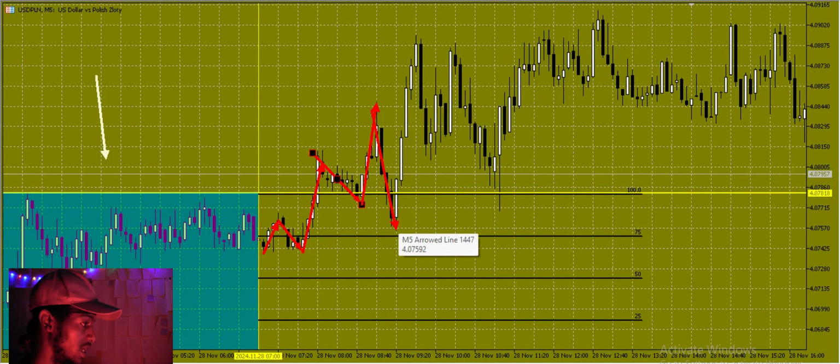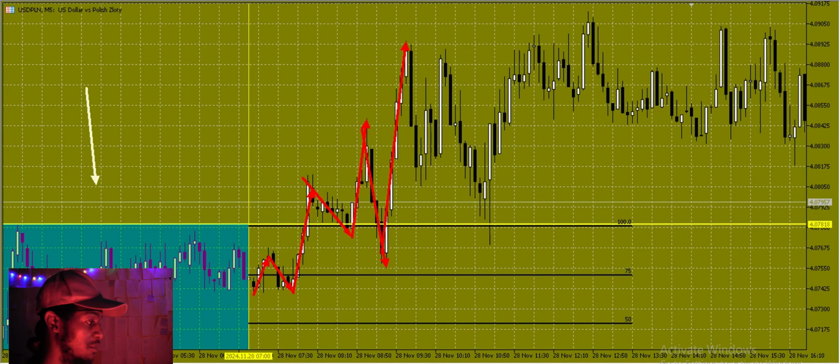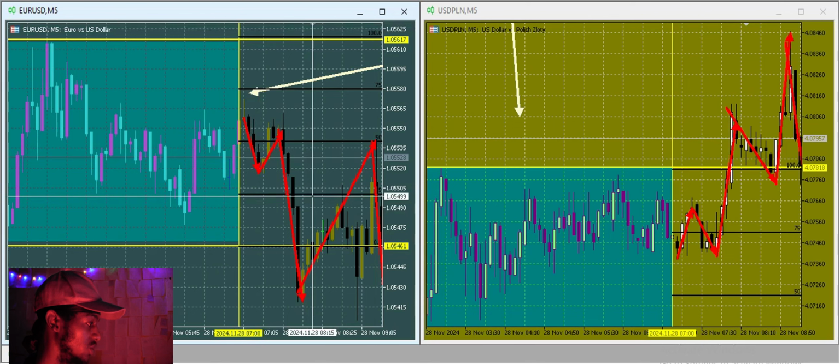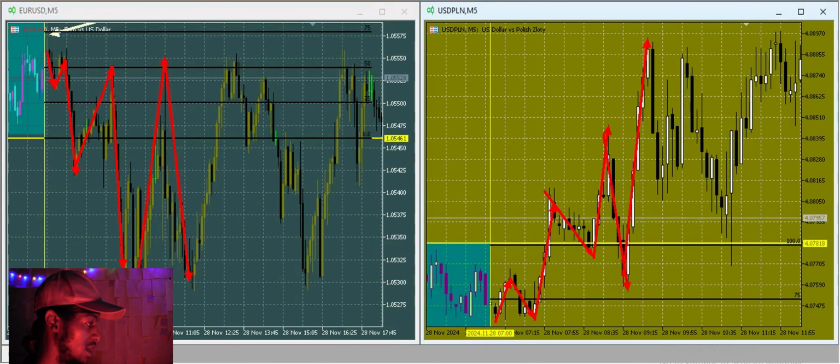But then once again it shot out, and as you can see in this chart, the market is going towards the buy side, and for the Euro USD, we can see that the market is going towards the sell side. I would say the difference here is that the Euro USD market seems to be ranging a little bit more than the USD PLN, the polyzotly.